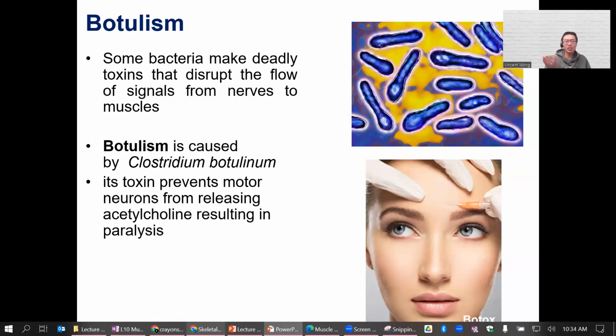This toxin disrupts communication between the nerve and the muscle. It blocks the motor neuron from releasing the acetylcholine. Without the acetylcholine, you won't be able to trigger a signal down the T tubules, and there will be no muscle contraction. So that basically causes paralysis.